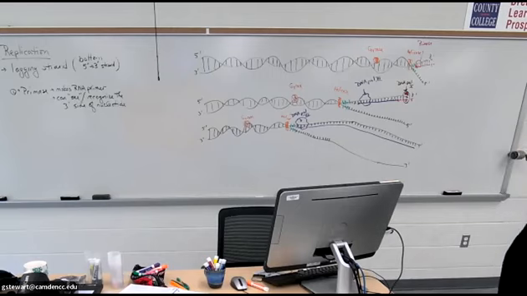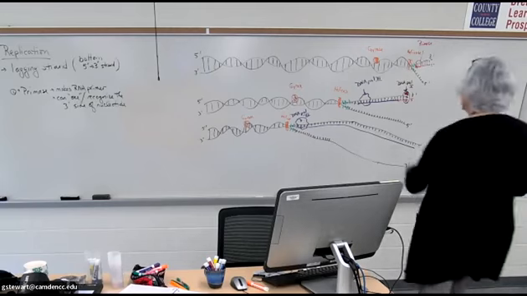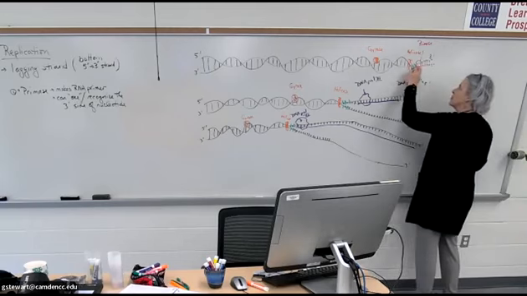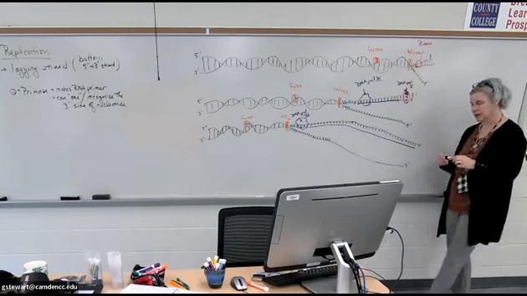When it's standing in between two railroad ties, it can literally look right and left and say, oh, that's the 3' side of this base and the 5' side of this base. I'm going to start here and jump in and start synthesizing a complementary copy, even though it's very close to where the break is at the replication fork.